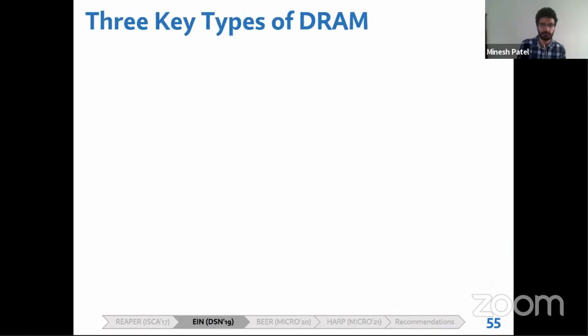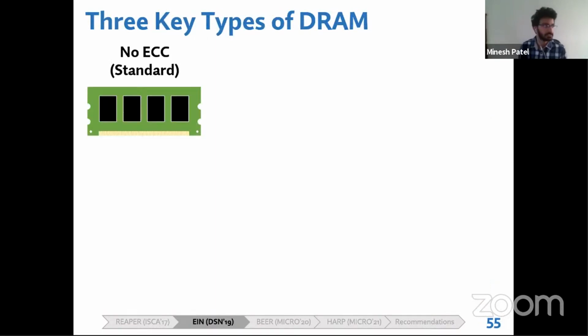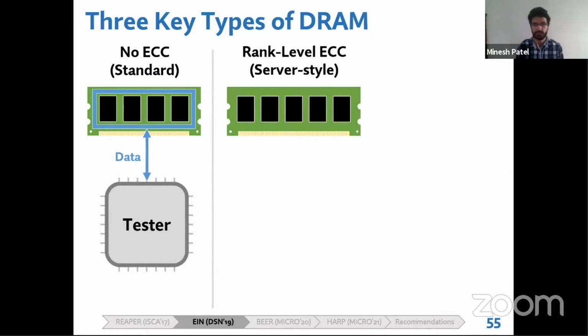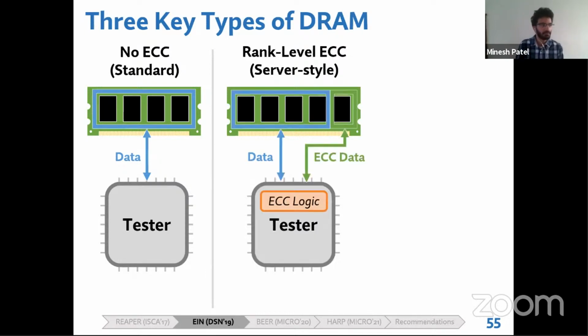Okay, so let's take a look at some examples of different types of DRAM devices. The first DRAM we consider is one without ECC, and this is a standard DRAM device, which interfaces with the tester and directly communicates data back and forth. The second type of DRAM uses what's called rank-level ECC, your typical server-style DRAM. Here we have ECC logic within the tester itself, and the interface communicates raw data between the tester and the DRAM chips.